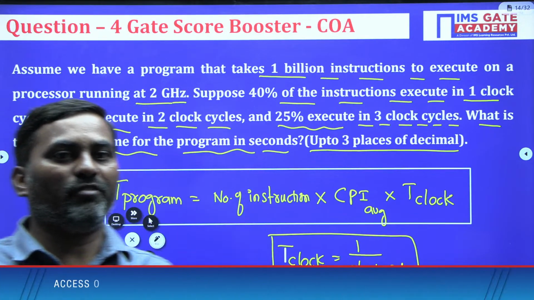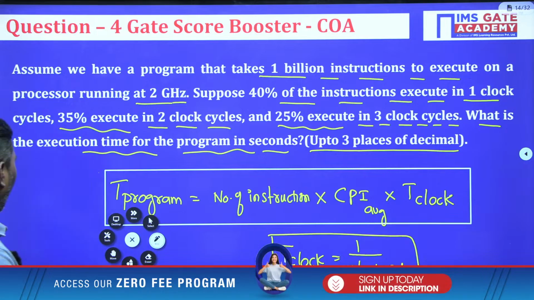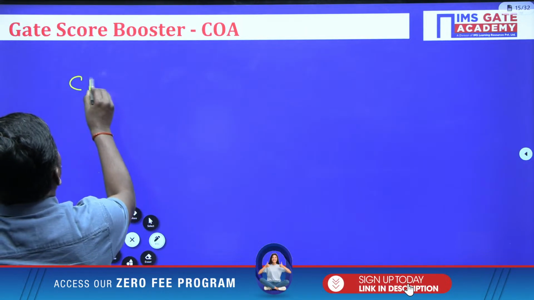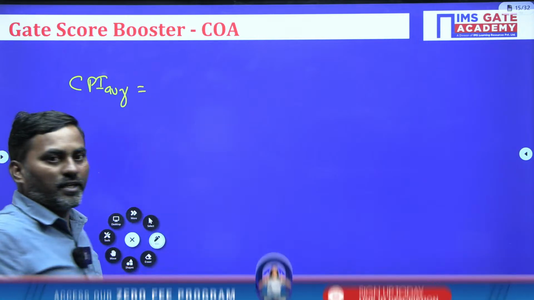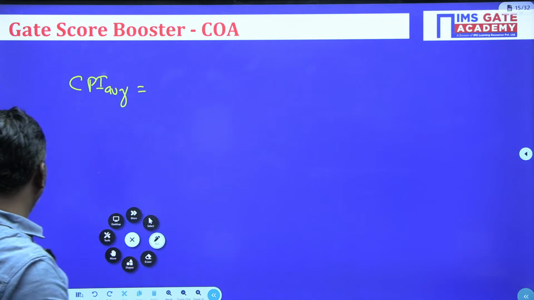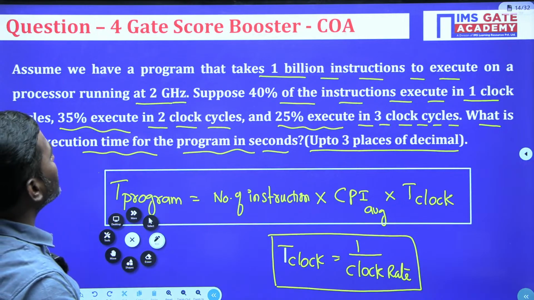So we can get the time for one instruction from the clock per instruction average. What is given now?